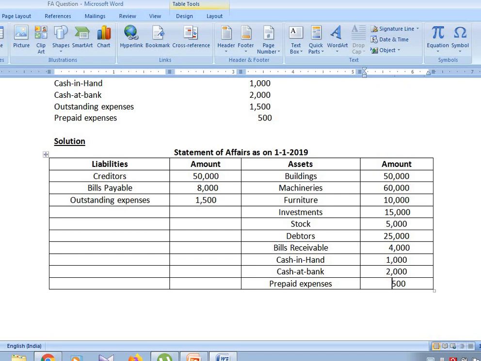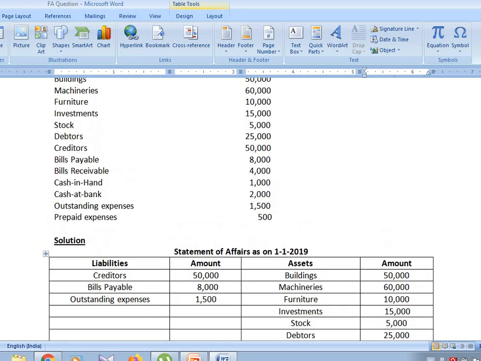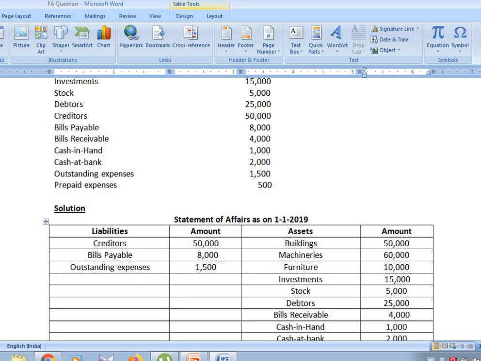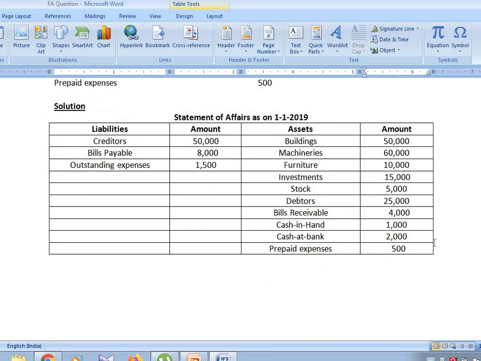Is there anything else that is pending which is to be solved? Anything else that is remaining? We have already taken building, machinery, furniture, investment. Each and every transaction has been taken. So let's total it out. I think the asset side is more.